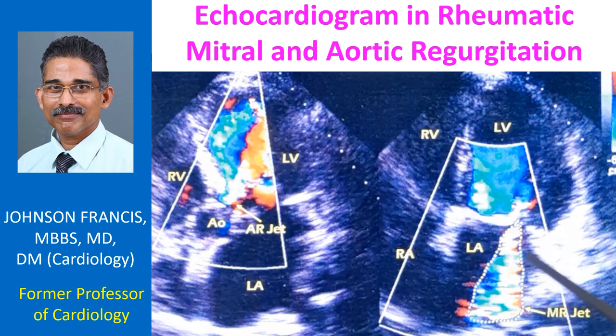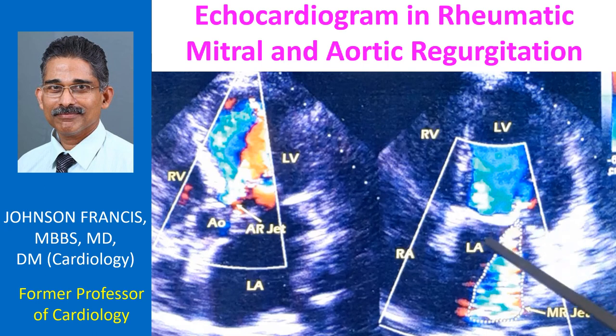And assessment of area for assessment of severity may be erroneous if it's an eccentric jet. This is not an eccentric jet, this is almost a central jet. But if the jet is going along a wall of the left atrium, sometimes it can go along the anterior mitral leaflet into the septal side, or it can go along the posterior mitral leaflet into the lateral aspect of the left atrium.